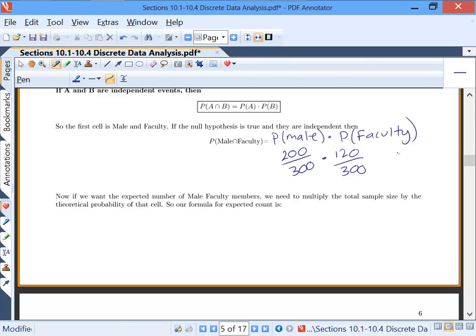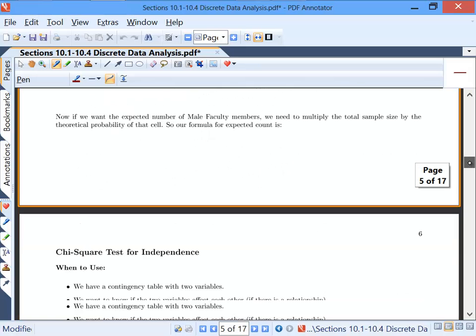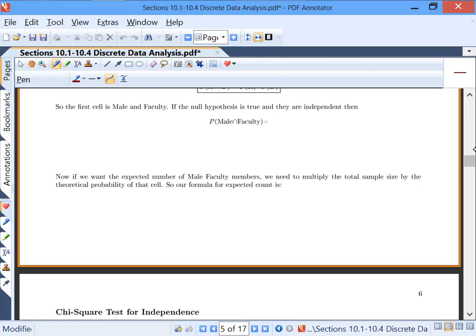So our formula for the expected count is going to be, so we wanted the expected number of male faculty members, so we have to multiply the total sample size by the theoretical probability, which was our 200 over 300 times 120 over 300, correct? Remember it?